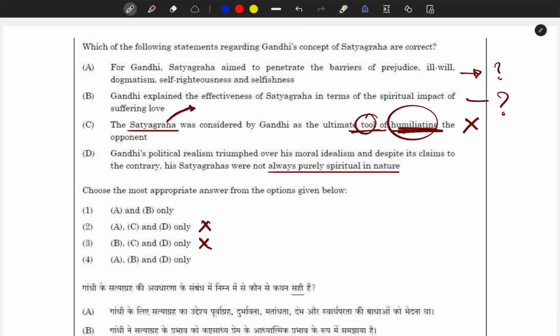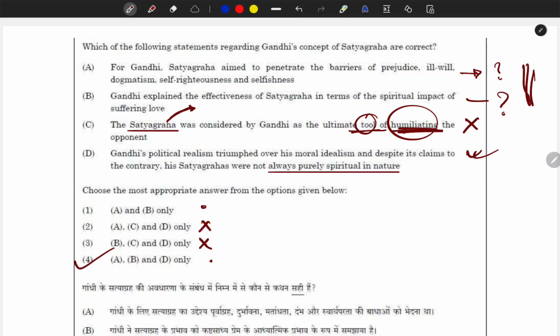First thing you have to understand is that Satyagraha was not practiced in isolation. After eliminating C, I have two statements, first and last. So for me D is the correct option. Even if you are not sure about A and B, here is the answer for you.